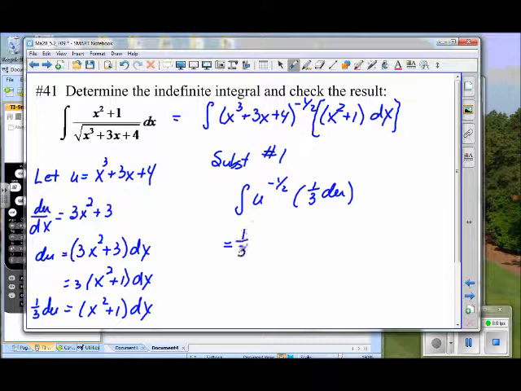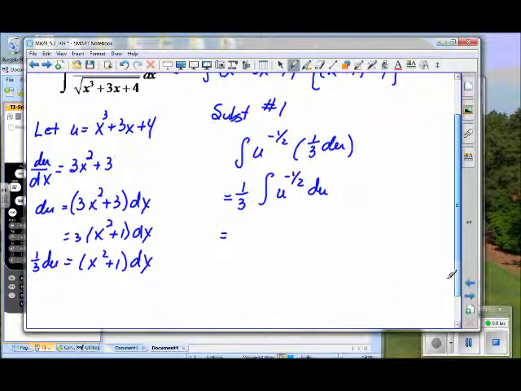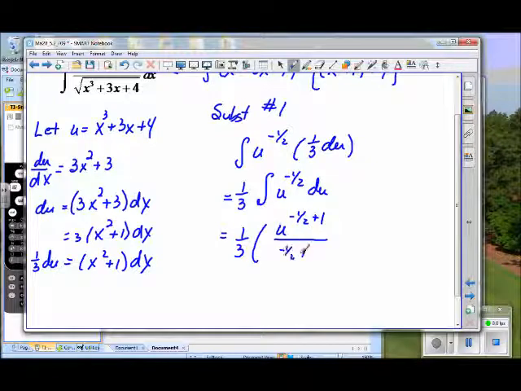come out in front. And so I'd have 1/3 the indefinite integral of u to the negative 1/2 du. When I take the indefinite integral of this, I would have 1/3 times, and again I add 1 to the exponent and divide by the new exponent, plus c.